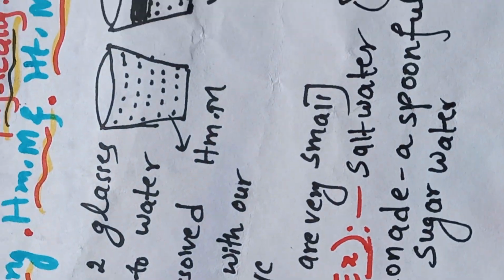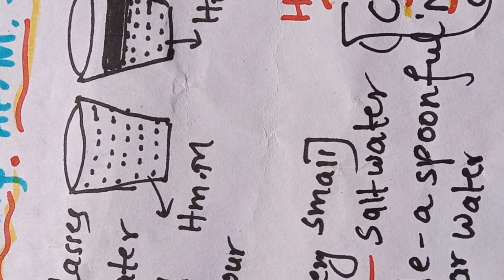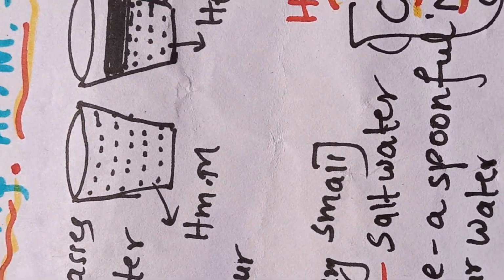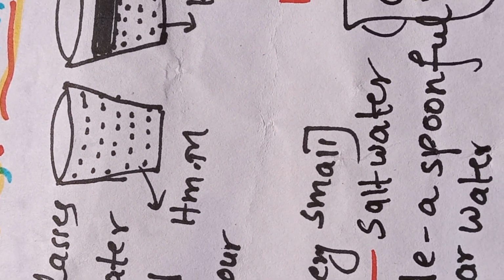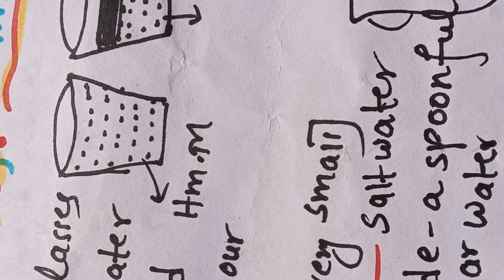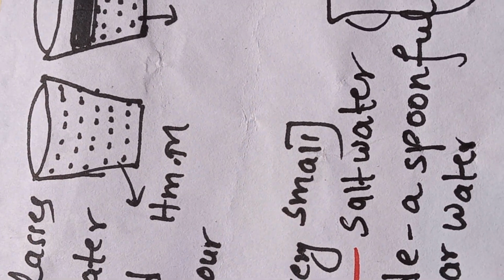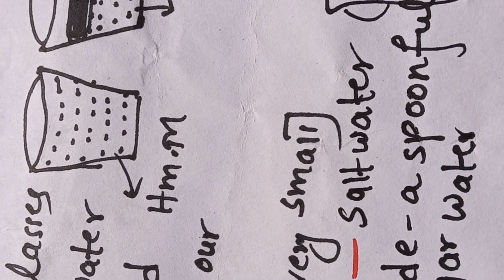If we see salt water, what is present more? Water is present more, that means the higher quantity of water will dissolve the salt in it. That's why water is a solvent and salt is a solute, because it is present in low quantity and it dissolves in the water.